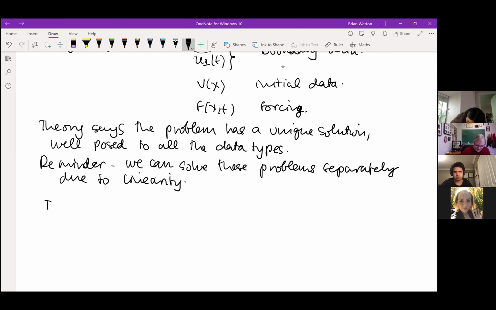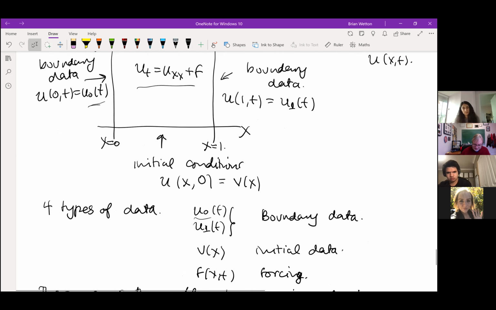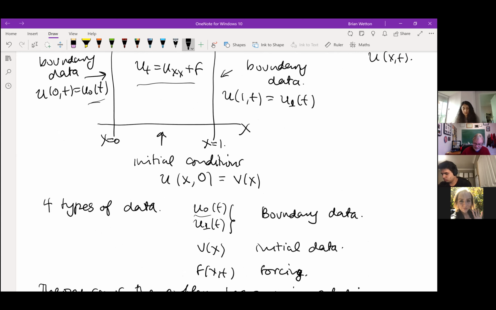I can have a solution U1 that solves the problem with U0 of t, but U1 of t identically 0, V of x identically 0, and F identically 0. So that's just one of these 4 things and the other 3 0.